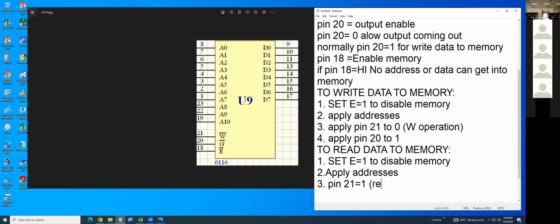That will be read. Number 4, pin 20 zero for read.